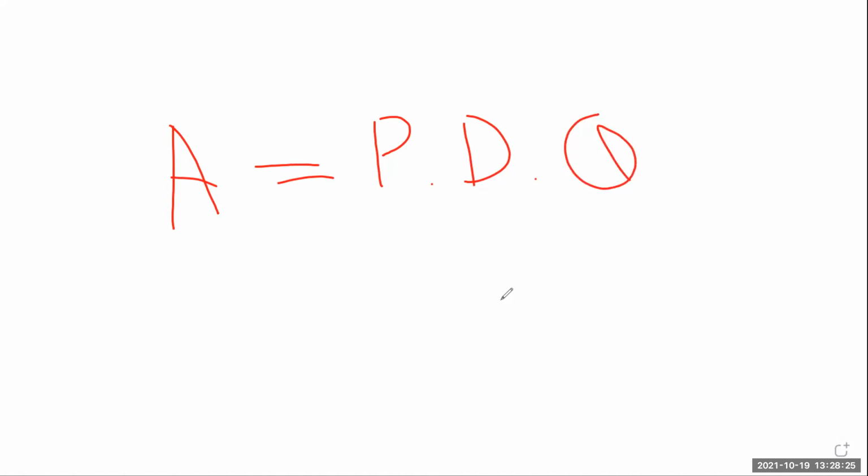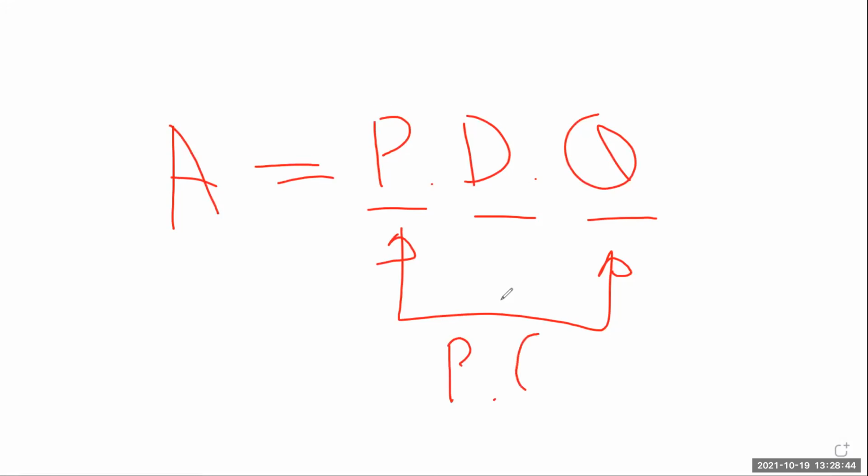So what is SVD, or singular value decomposition? Basically, you have a matrix A, and then you will decompose this into 3 matrices. Let's call this P times D times Q. So singular value decomposition will create three matrices, where P and Q are orthogonal to each other, meaning P times Q will be I, and D here is always a diagonal matrix.